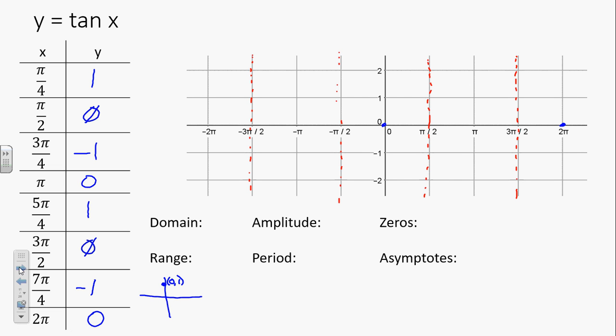And let's plot our points. At pi over 4, halfway between 0 and pi over 2, we're at 1. And then at 3 pi over 4, we'll be at negative 1. So halfway between pi over 2 and pi. And then at pi, we're at 0. And at 5 pi over 4, we'll be up here at 1. And then at 7 pi over 4, we're down here at negative 1.